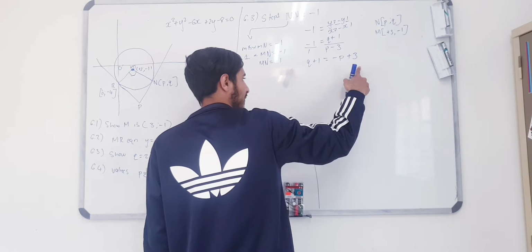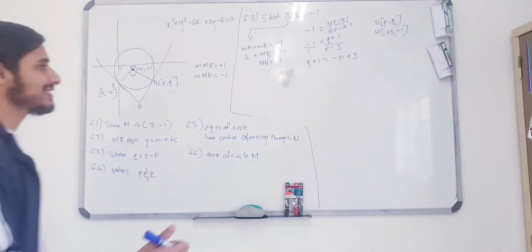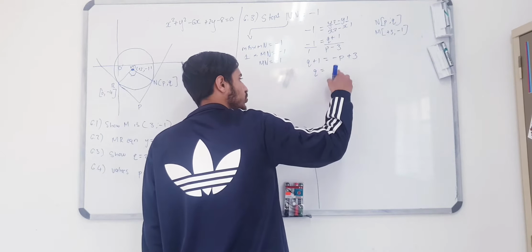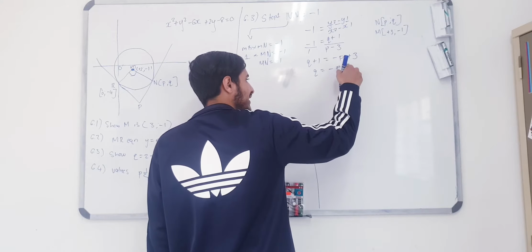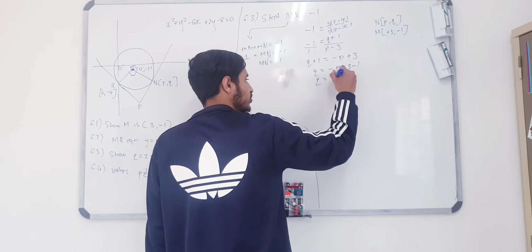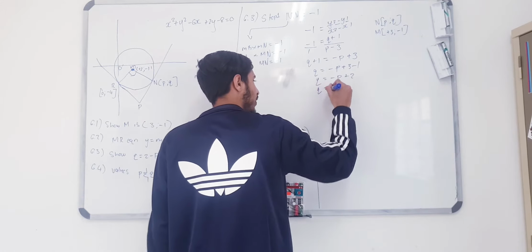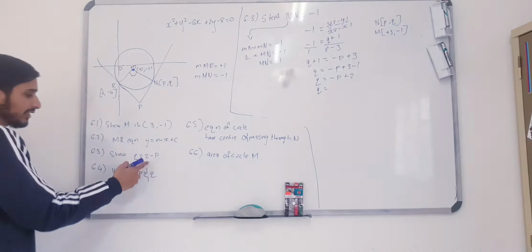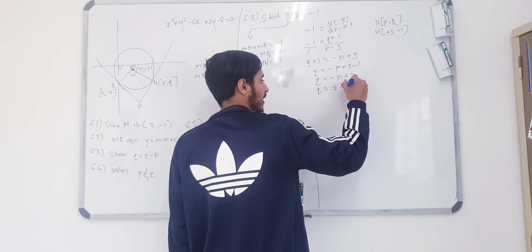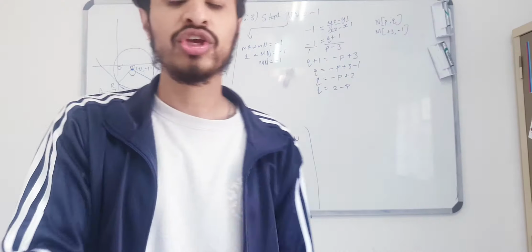Can you see that there? Everybody okay with this? Quite simple, quite easy. Now what are you going to do here? You're going to take that 1 over. So q equals negative p plus 3 minus 1. So q now equals negative p plus 2. Now obviously you can rearrange it to look like this, so it will be 2 minus p. See, I've just rearranged it to get my q.